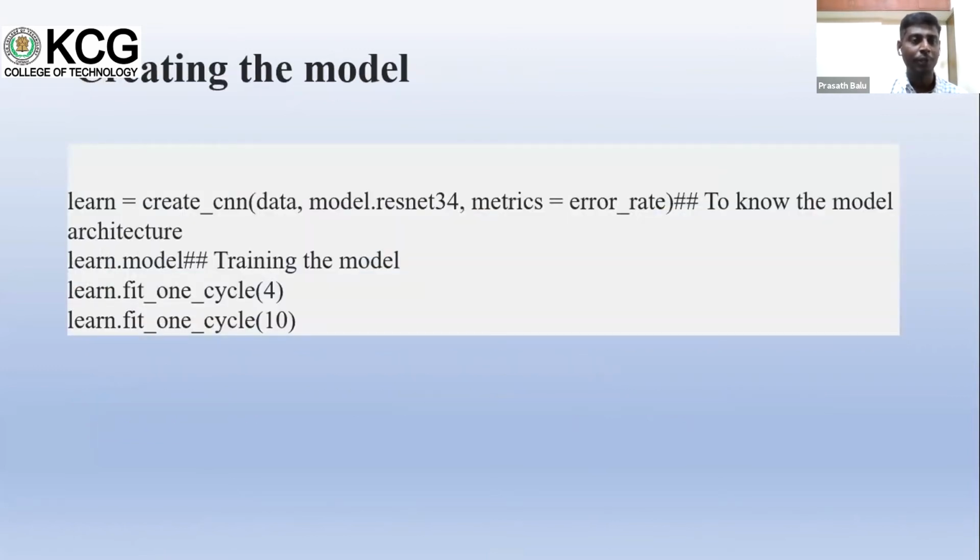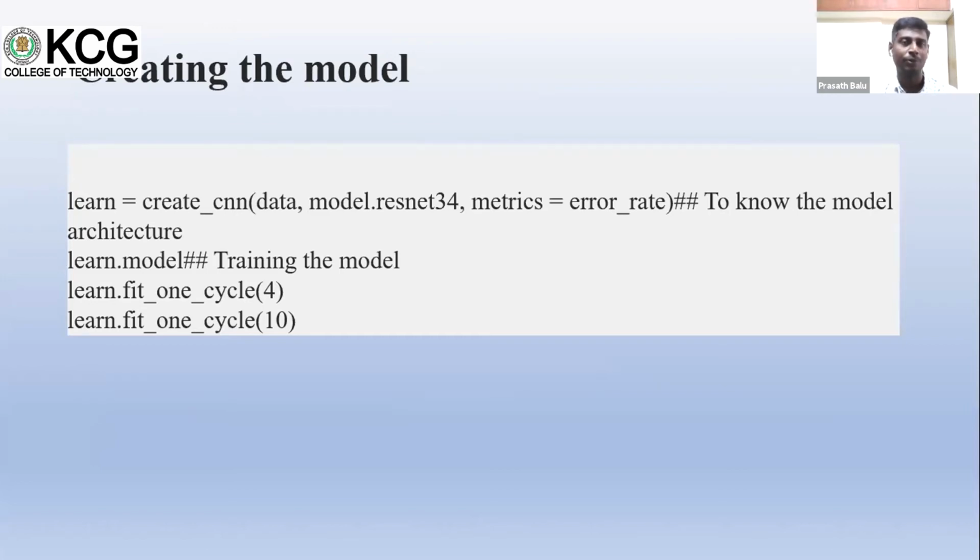Now you can see that with just 4 lines of code, create underscore CNN, right? That's a function. I don't have the function code inside the slide. If you go and check the lines of code inside create underscore CNN, they would have created the convolution neural network.